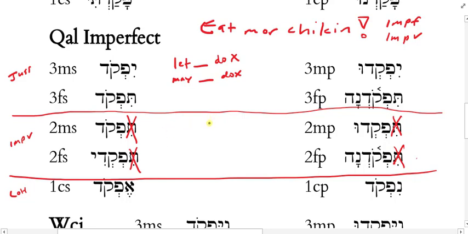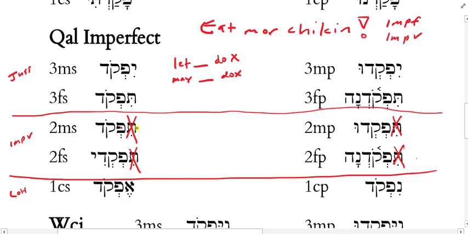What am I going to be left with? I'm going to be left with a vocal shva under the pe here for root 1. P-k-d. Now, the prefix in the imperfect causes my dagesh lene to go away in the pe, but now that it's the beginning of the word, guess what? It gets to come back. So it's pekod. Pekod. Say that with me. Pekod.